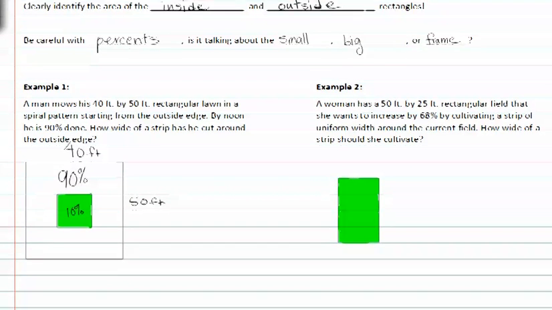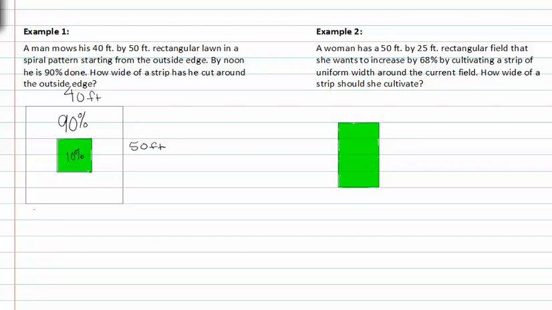If we need to know the total area, that would be 40 times 50, which would give us 2,000. If we want to know the area of the 10% that's left, that would be 0.1 times 2,000, which would equal 200.